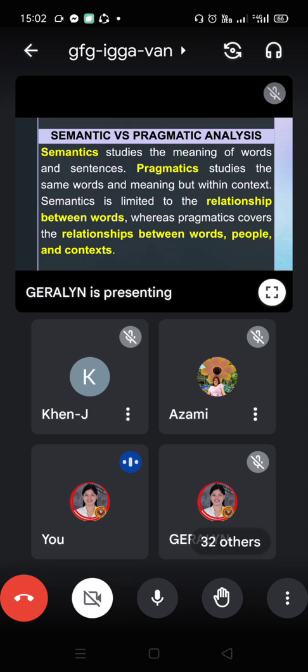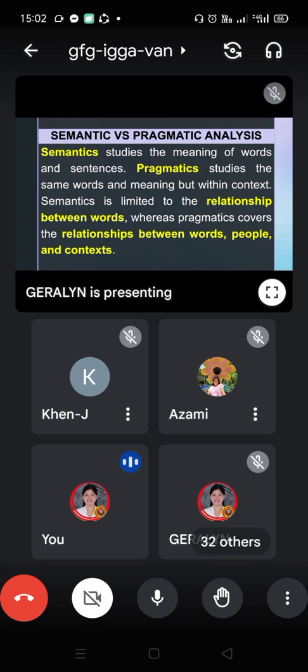Because we have to consider the background of the author in order to understand the literary piece. Basically, the root of the write-up is the experience of the author. So it is very important that we understand the background or culture of the person who wrote or said it. That is the purpose of doing pragmatics.